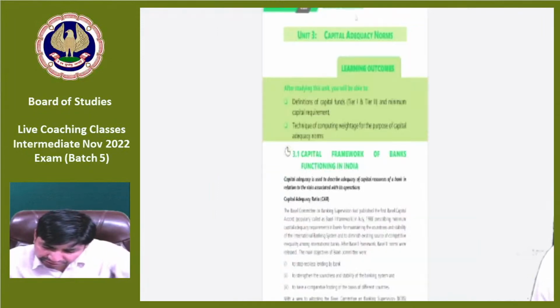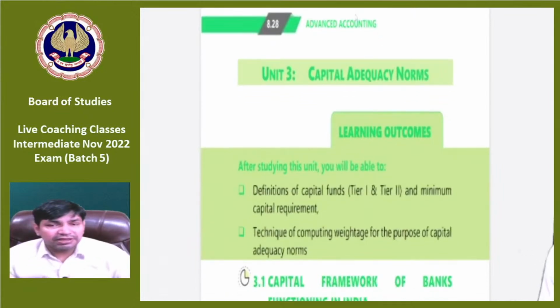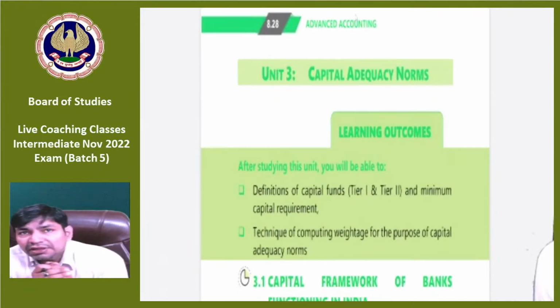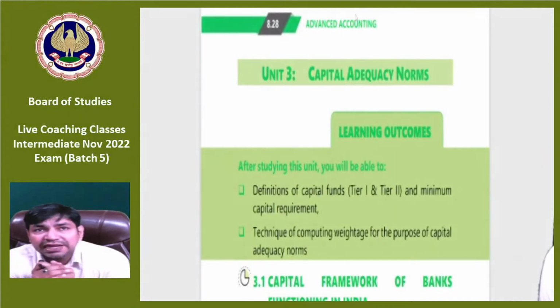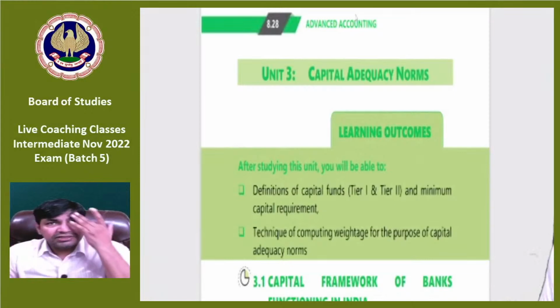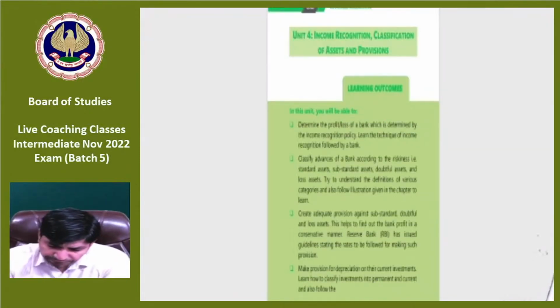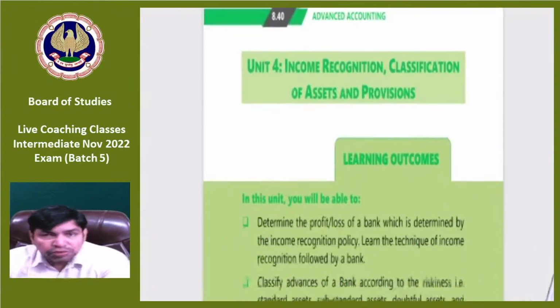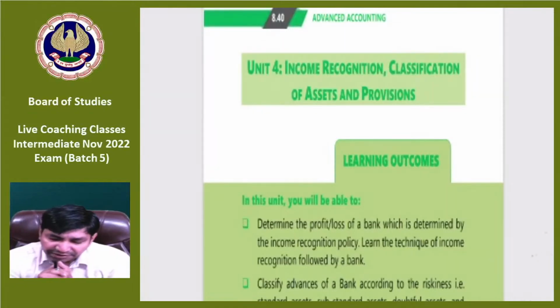In unit 3, there are notes to accounts in the financial statement, in which there are ratios we have to calculate, like the debt equity ratio and the CAR ratio. In unit 4, the income recognition rules and classification of assets, performing and non-performing, which we covered till the last lecture.